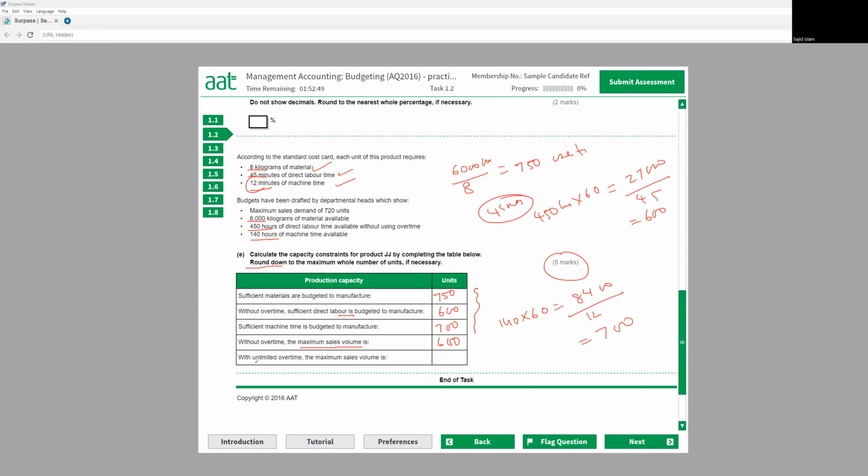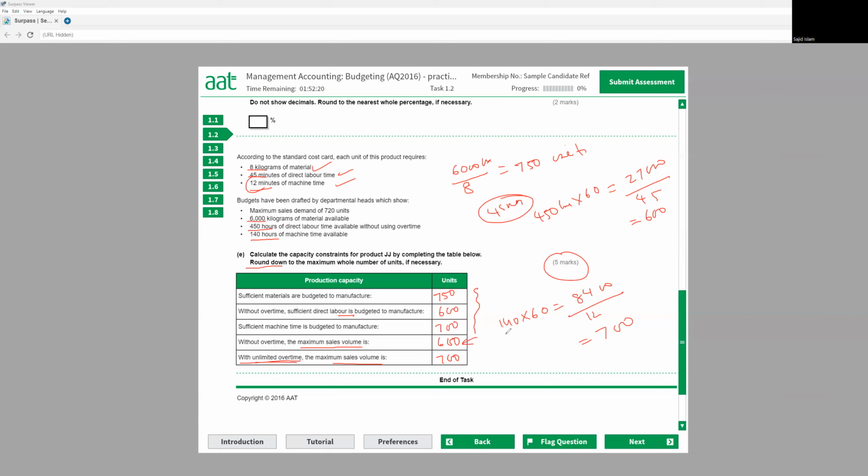With unlimited overtime, so if there is no limit on how many hours we have, the maximum sales volume will be 700. Why 700? Because with unlimited overtime, there is no limit for the labor hours now, so I don't have to look at 600.